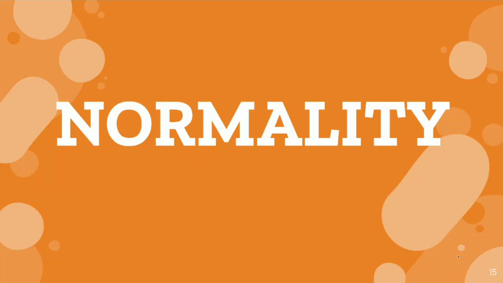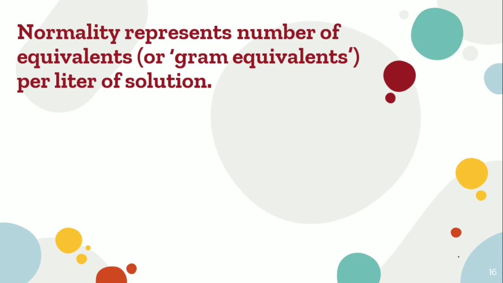Now we will see what normality is. Normality is related to equivalent mass, hence I have considered normality along with the equivalent mass concept. Normality represents the number of equivalents, which you can call gram equivalents, expressed per liter of the solution.